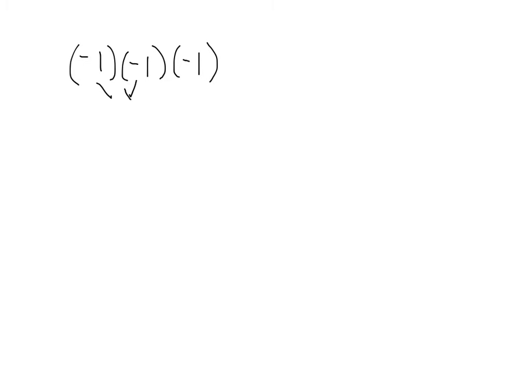But knowing that I can only use that rule 2 numbers at a time, this negative 1 times this negative 1 gives me positive 1 because they have same signs, so it makes it positive. When I then multiply this by the negative, I have different signs, positive and a negative, and therefore it equals negative 1.